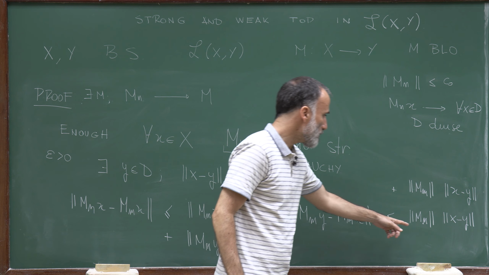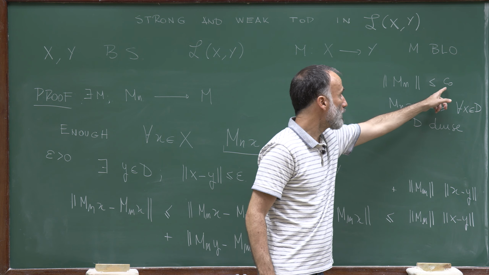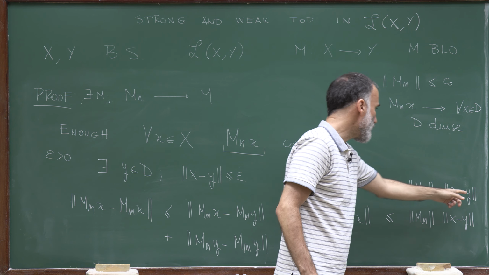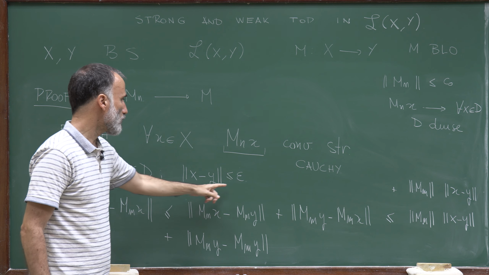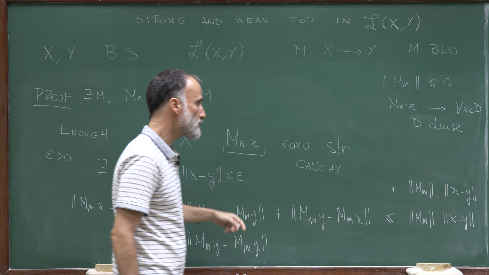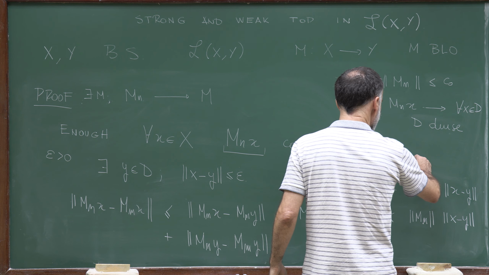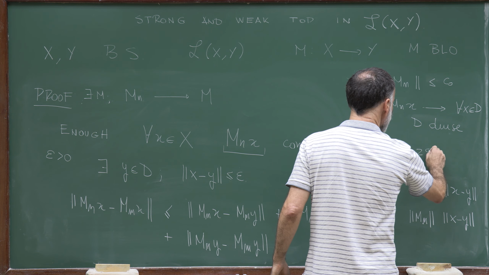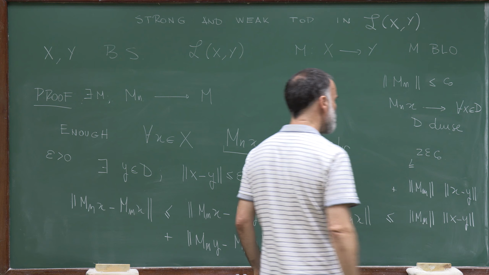Now, the norm of Mn and the norm of Mm are bounded by C0, and the norm of x minus y is bounded by epsilon, so these two terms are bounded by 2 times epsilon times C0.